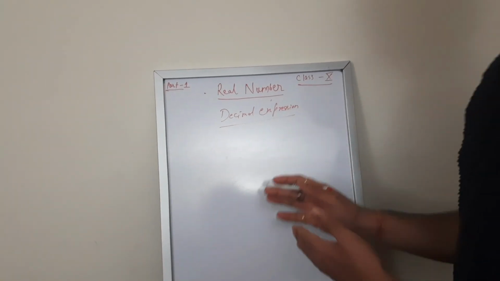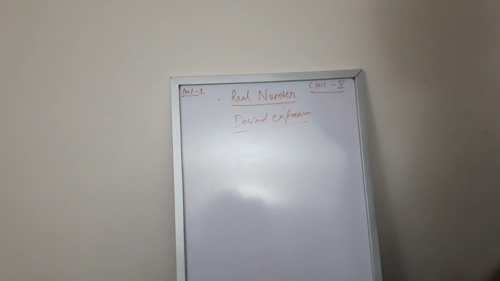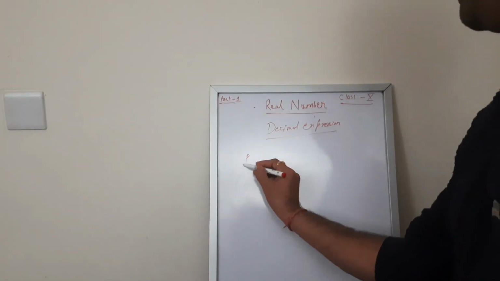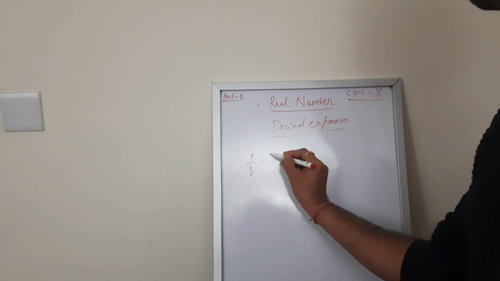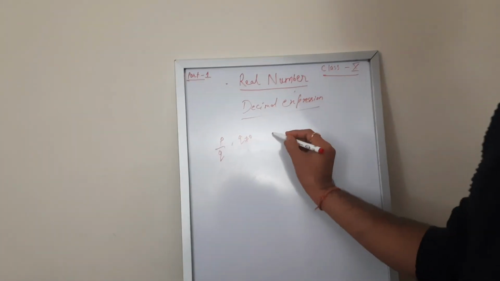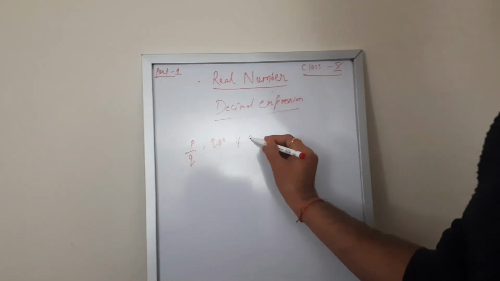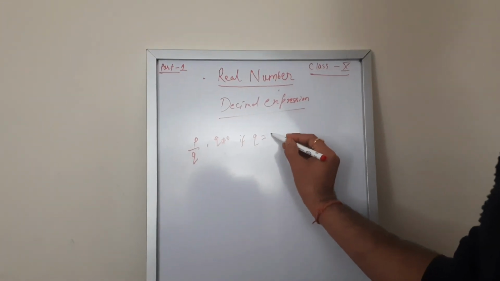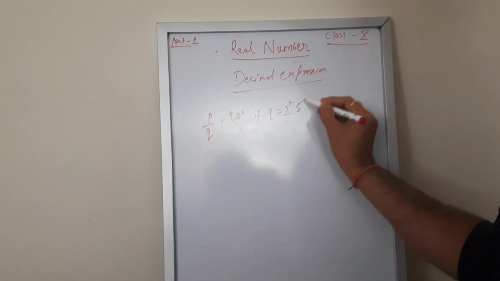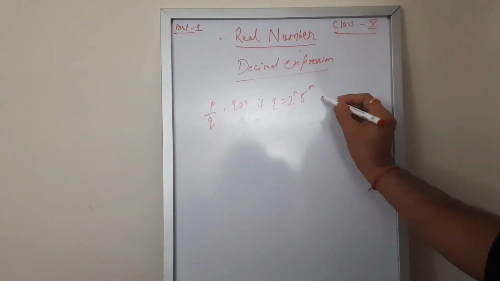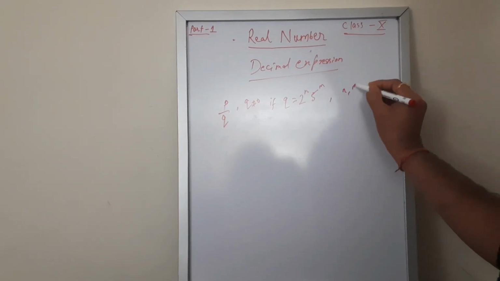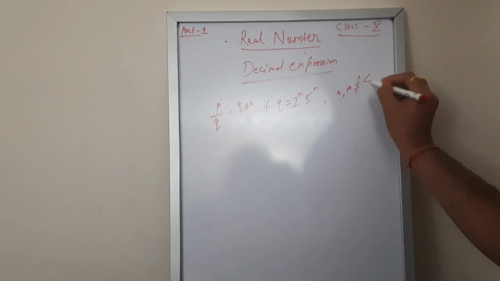For that also there is a theorem, and this theorem says that if any number is represented in the form of p by q, where q is not 0, and if q is represented in terms of 2 power n, 5 power m, where n and m are not negative.